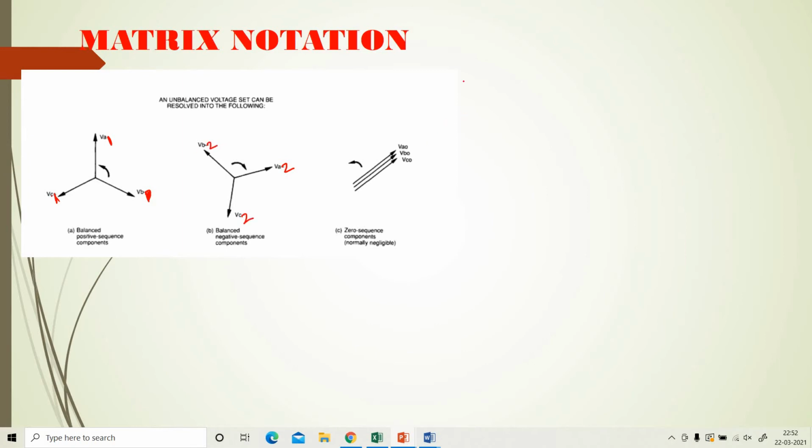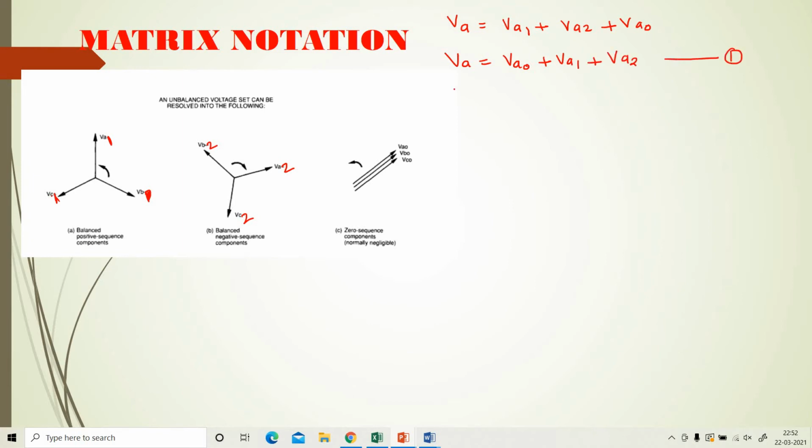This is zero sequence component. So how to write this? VA equal to VA1 plus VA2 plus VA0. Or otherwise I have to write VA equal to VA0 plus VA1 plus VA2, equation number 1.